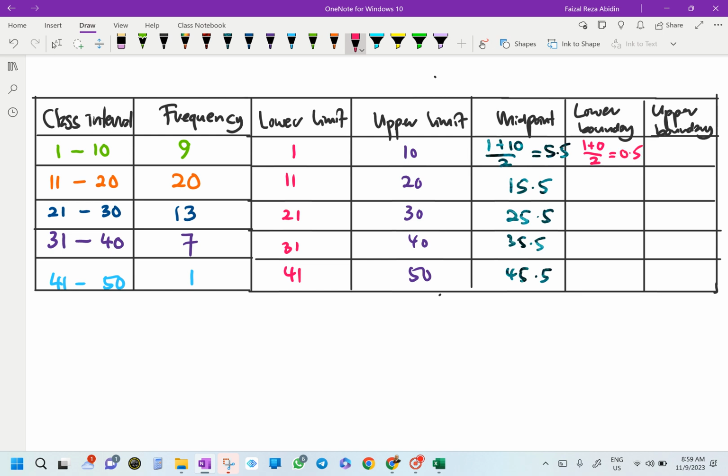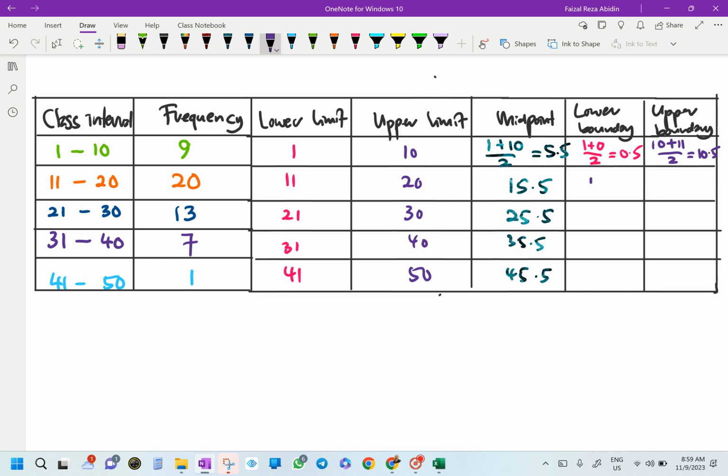Upper limit, you are going to take 10 plus the next, 11, divided by 2, you're going to get 10.5. I'm not going to encourage you to do this straight away. You have to calculate one by one. But what I see over here is a pattern.